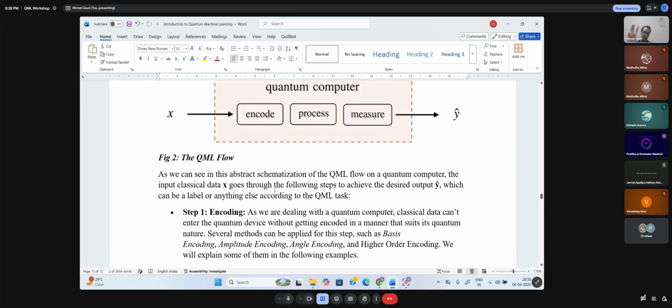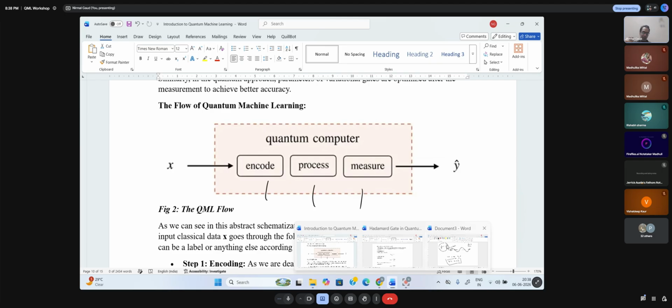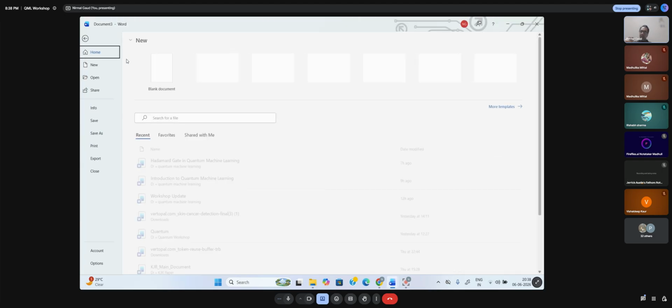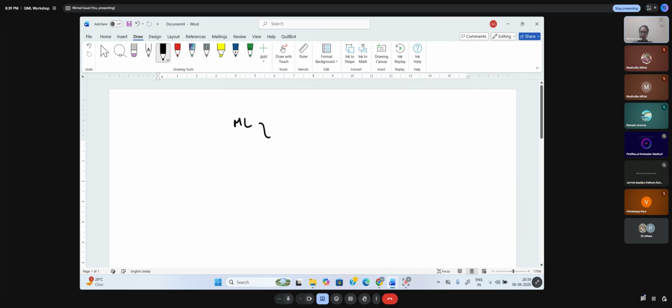Three things must be clear. Three things must be present: encode, process, and measure. This is what we need to follow in quantum machine learning. Now, listen carefully. In ML, as I told you, you have y equal to wx plus b. You calculate a prediction, and you compute y dash minus y as the error.